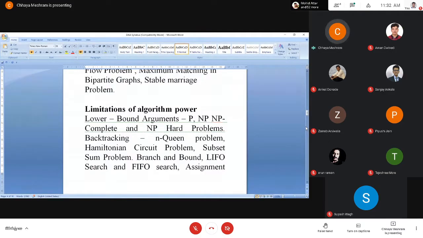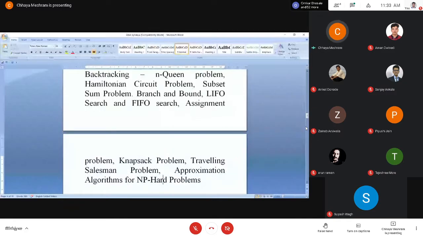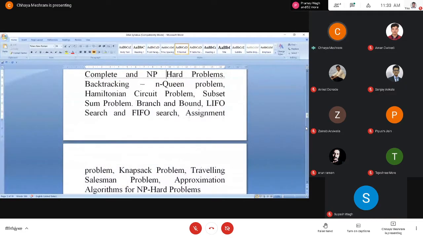What is the Hamiltonian circuit problem? What is the subset sum problem? Branch and bound, LIFO search, FIFO search, then assignment problem, knapsack problem, traveling salesman problem, and approximation algorithms for NP hard and NP complete problems.